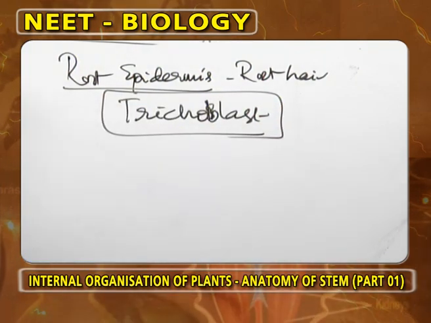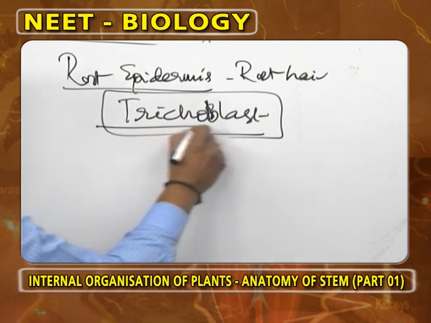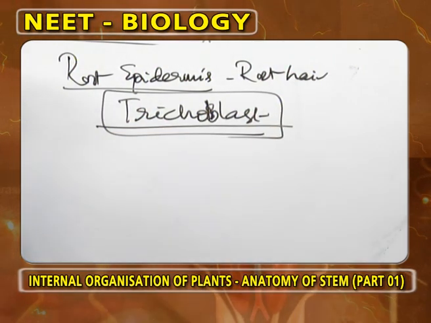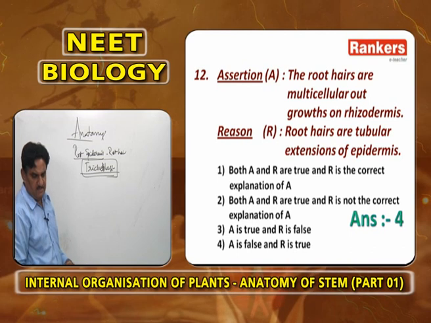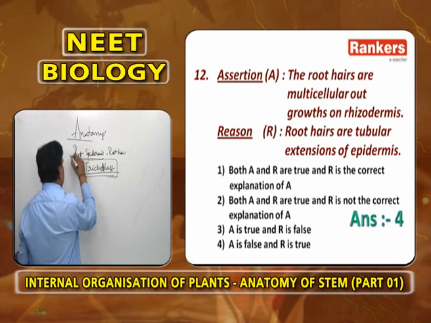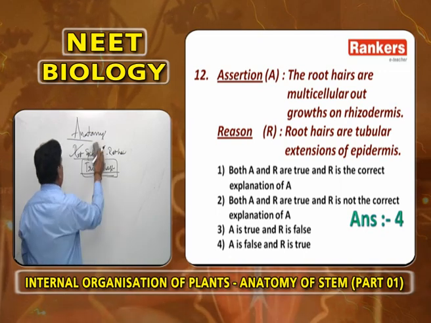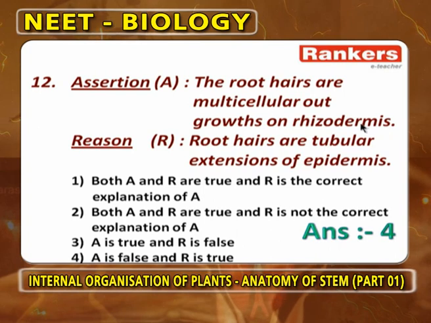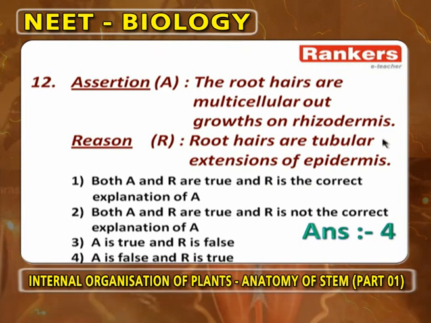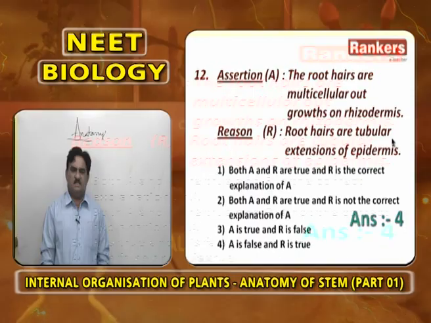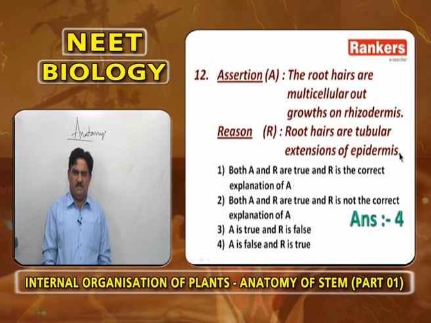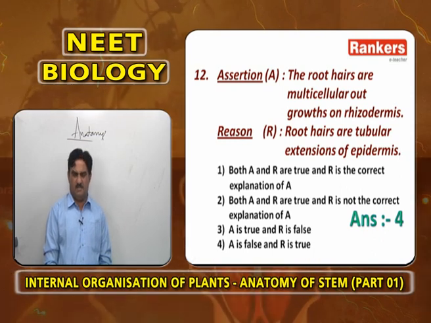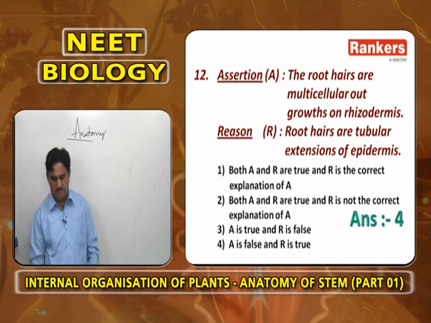Reason: Root hairs are tubular extensions of epidermis, which is correct. But root hairs are not multicellular, they are unicellular hair-like structures. Rhizodermis is correct, but they are not multicellular outgrowths. So here A is false, R is true. A is false, it is not multicellular, they are unicellular in nature.